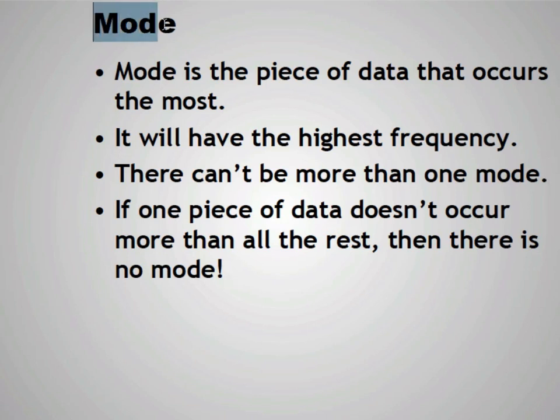This one is least likely to be in the center of the data, and the reason is it just happens to occur the most. So if most of the students get 100%, it's going to be right at the top rather than in the middle. So this one's a little bit harder to think of as a central tendency, but it is still another type of average.